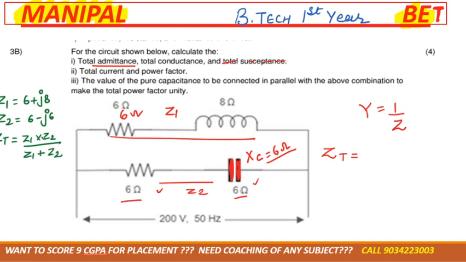In the polar form we can do multiplication. So 6 plus j8 divided by this plus j. So for this we need to convert into polar form, right?